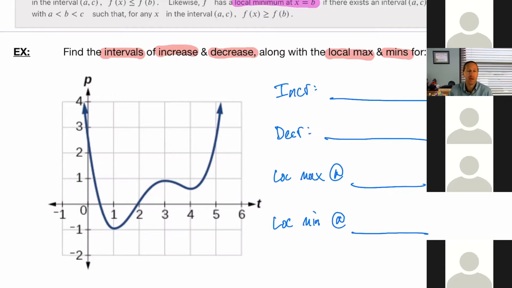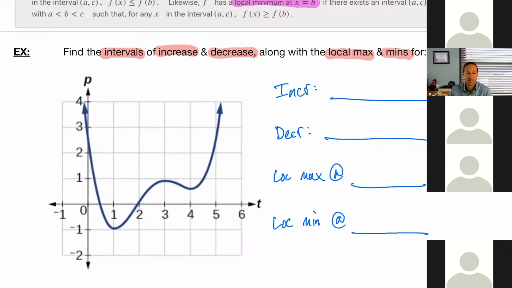All right, who can tell me how many critical points are there on this? I'm seeing 4. Where are they at? Can you tell me?